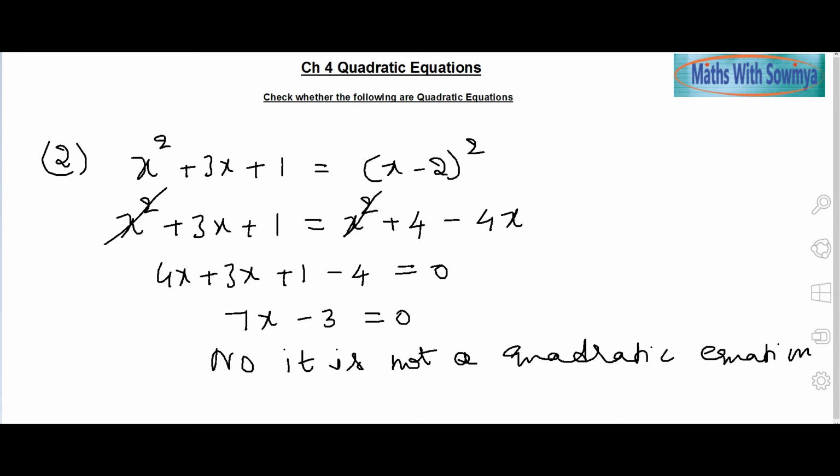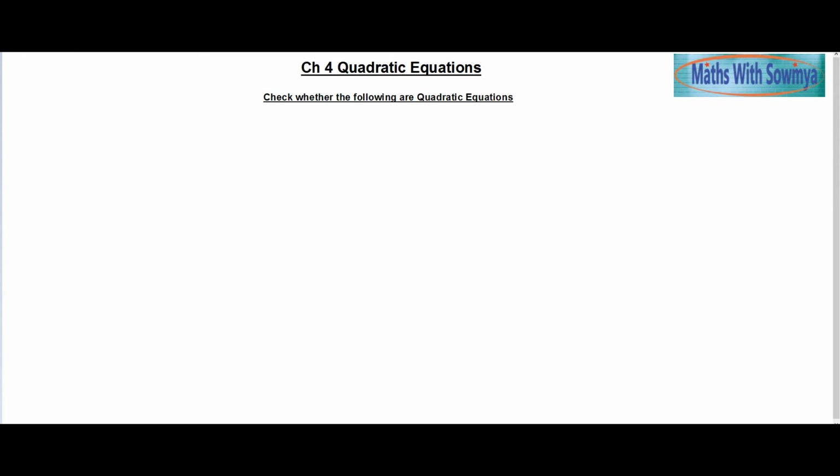Now let us see one more thing here. In this one, it is 3x square minus 2 root x plus 8 is equal to 0. This is not a polynomial. In the polynomial video, I have explained in detail how to identify a polynomial.